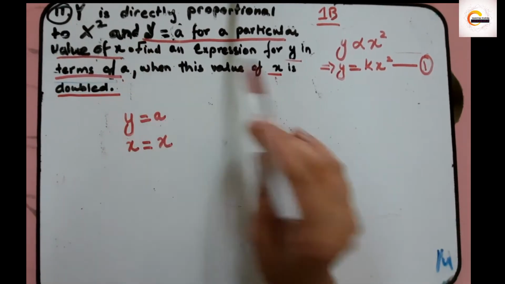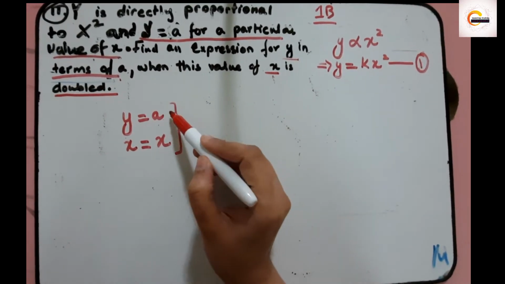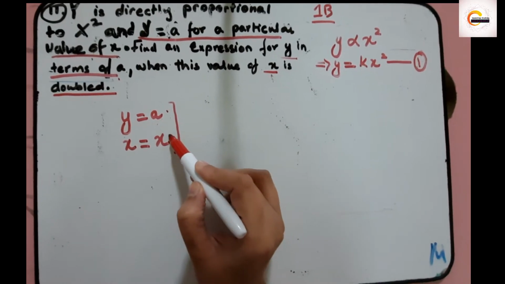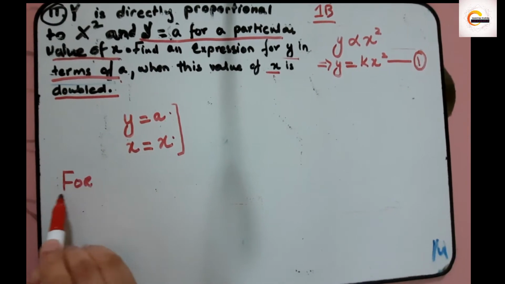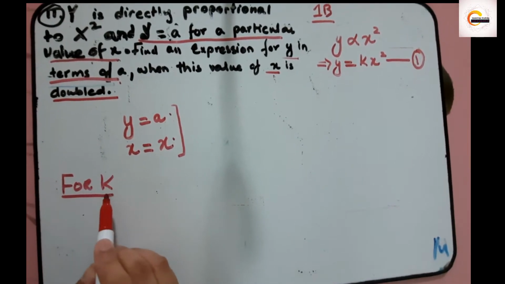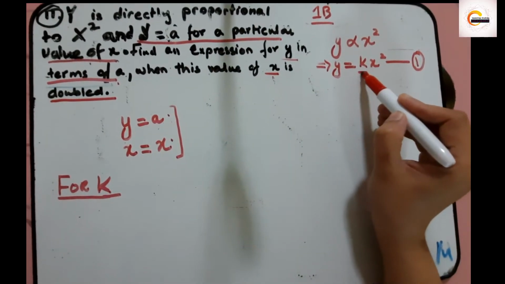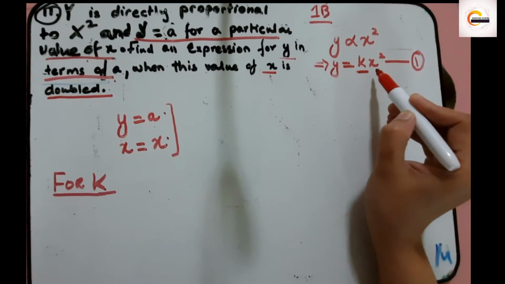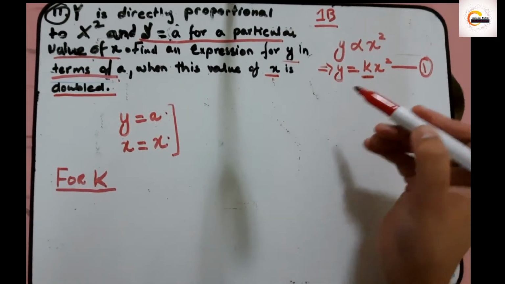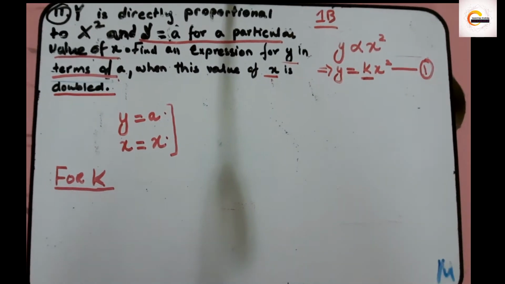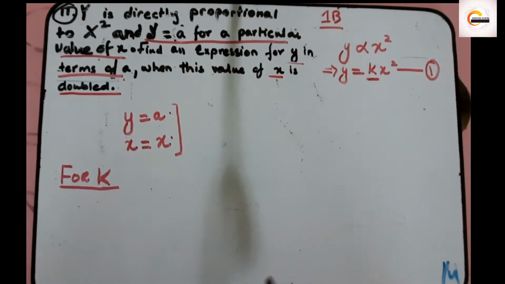So, let's not go over there first. Let's solve this. If we have the value of a and the value of x, we can find the value of k. Why are we calculating the value of k? Because it's very important to get the value of k before finding the value of any other variable; we must know the value of the constant.